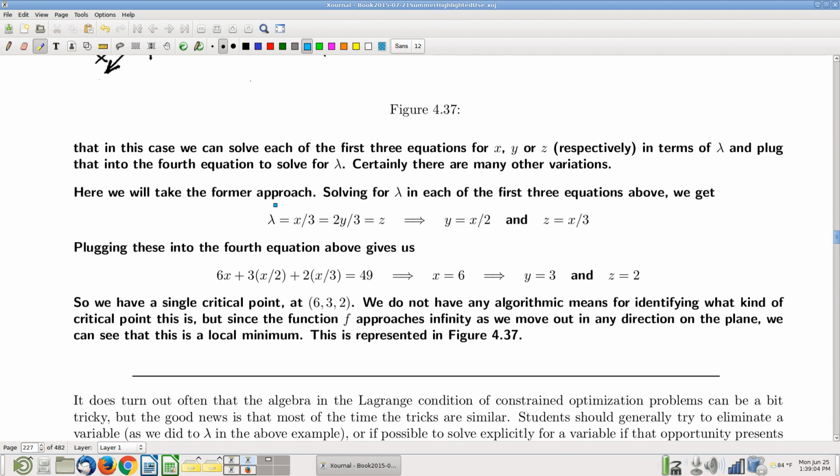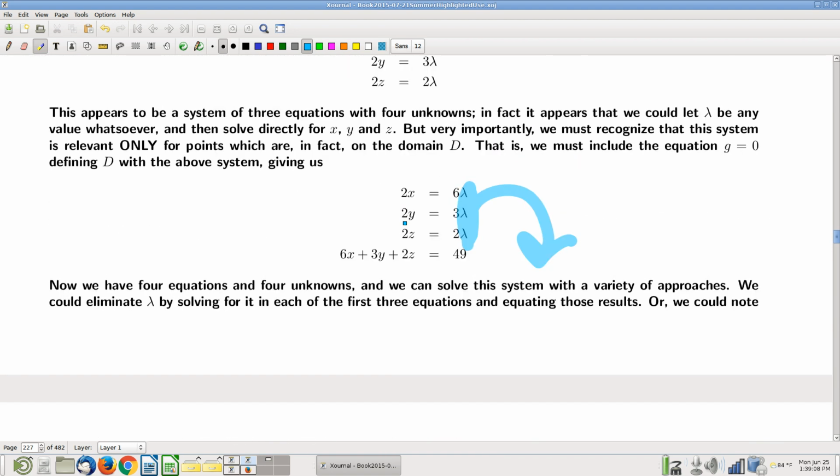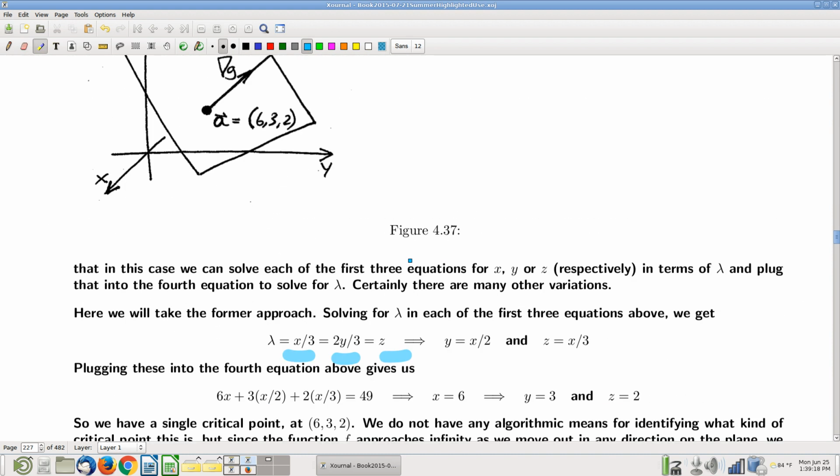So lambda, if you look at these three equations up here, on the one hand it's 2x over 6, it's 2y over 3, 2z over 2. Those three lambdas equal all three of those things. Therefore, all three of those things have to equal each other. And notice that I now have two new equations.